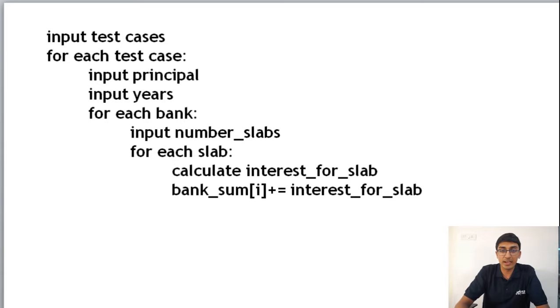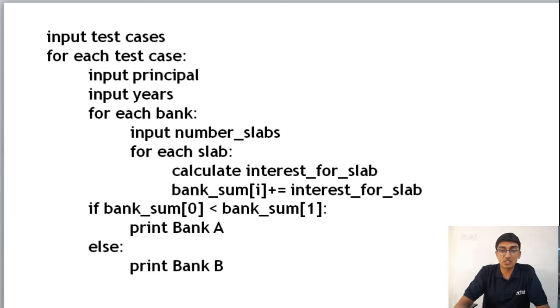What will happen is at the end of this loop, we will have calculated the sum for our bank I. Then once you've calculated for the next bank, what we are going to get is the bank sum. So if bank sum 0, that is if bank sum of bank A is less than bank sum of bank B, then we just print bank A. Otherwise, we print bank B.